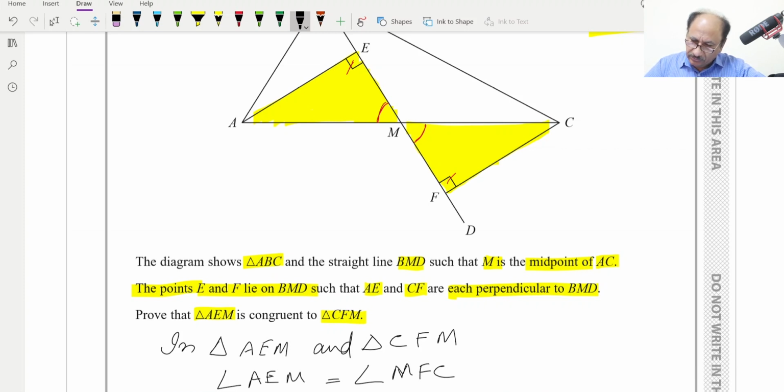Both are right angles, right? So in brackets we can write right angles, and given. This is given.